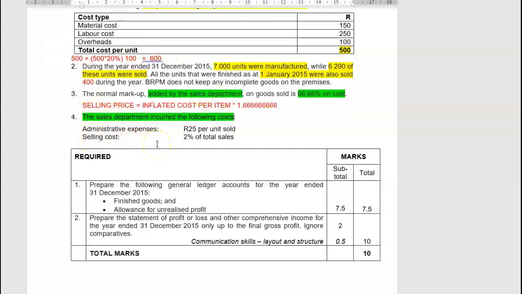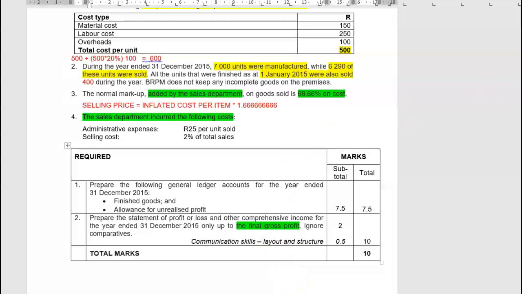Now that is a normal operating expense. Now the question wants you to show the general ledger accounts for the year ended, number 1 for finished goods and number 2 for the allowance for unrealized profit. And then number 2, show the statement of profit or loss up to the final gross profit figure. So that's only going to be sales less cost of sales.